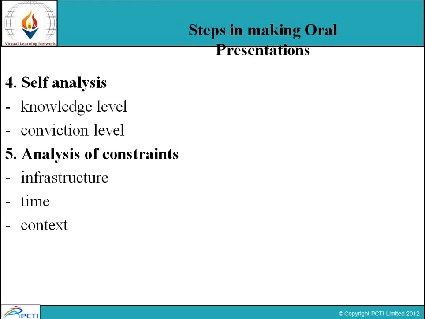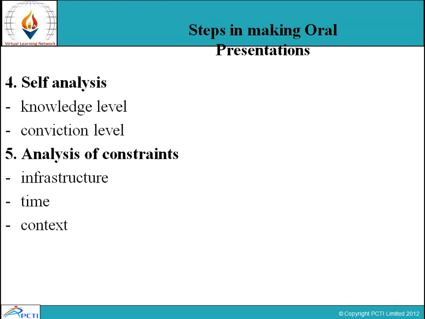Steps in making oral presentations. The next is self-analysis. After audience analysis, we should go with self-analysis as well. What is the knowledge level? And what is the conviction level? Next is analysis of constraints.